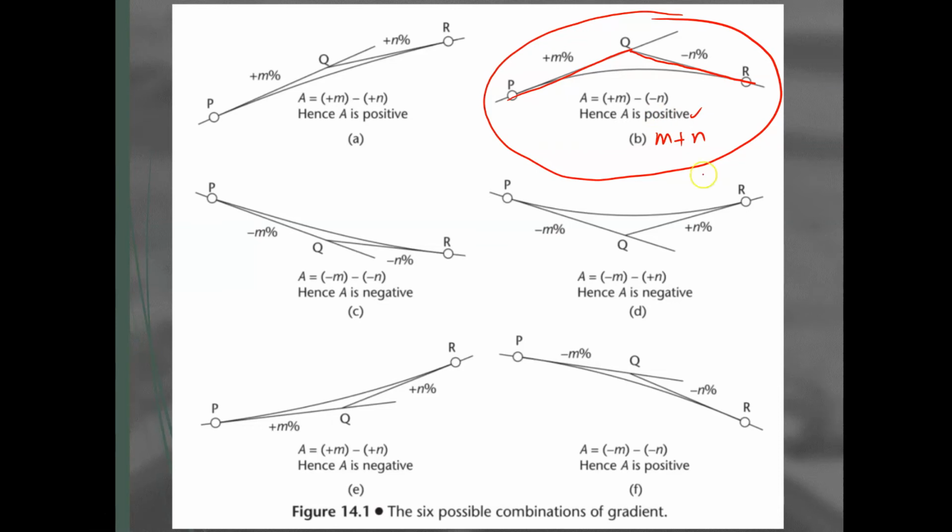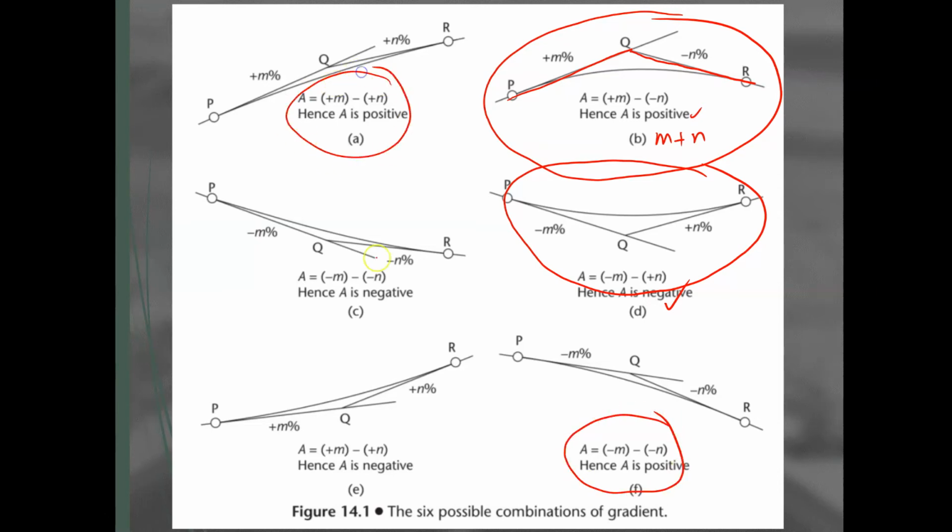How about this one here? It's a sag curve. First one negative m, next one a positive m. So it's going to be minus m minus plus m, so it's going to be negative. The value of the algebraic difference will be negative. I think you can figure out all those equations there.